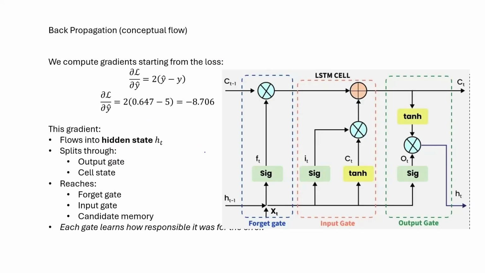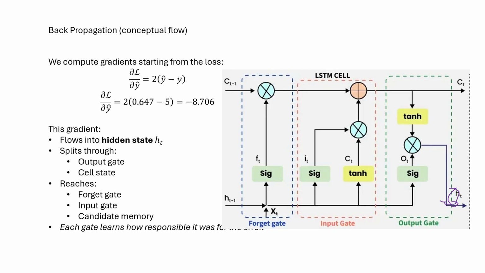Okay, so now we'll do the backpropagation. These are not real values. I will just make a conceptual flow. So we start from the loss function, take the derivative with respect to the predicted output, and then this gradient would flow into the hidden state.